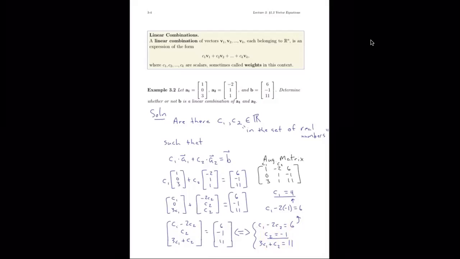If we reduce this to reduced row echelon form, we would come up with the same solutions that we got through the linear system directly. We'll also find that this third row should be a row of zeros. It contributes nothing, and we solve for C1 and C2 via their own rows. So that is the connection to the augmented matrix we've already worked with.